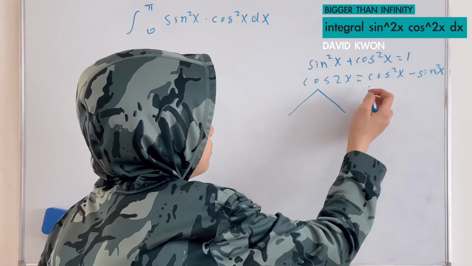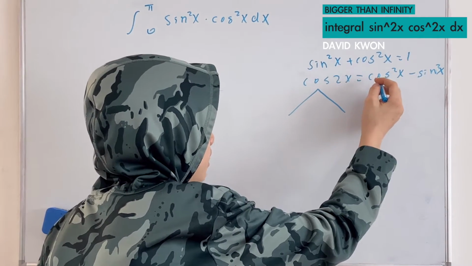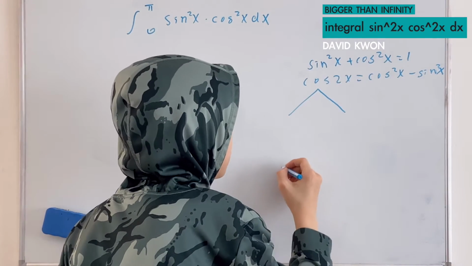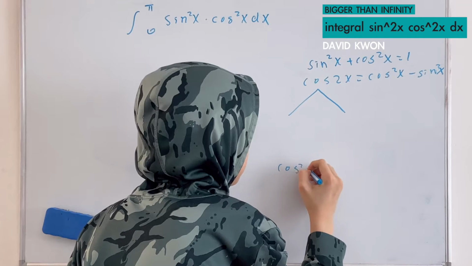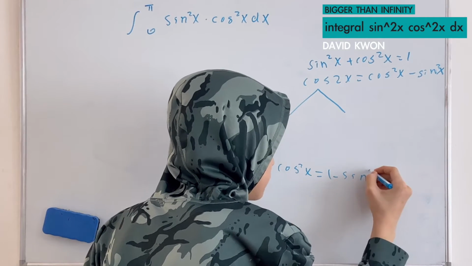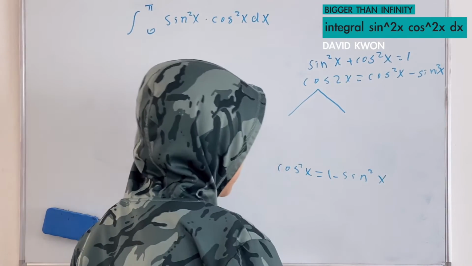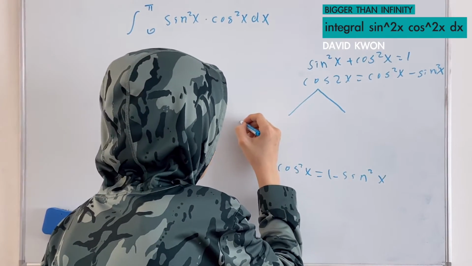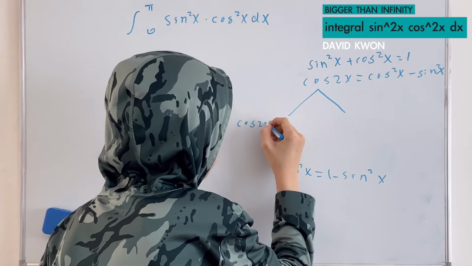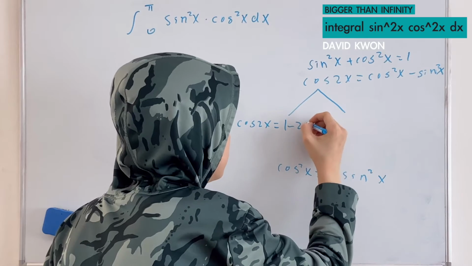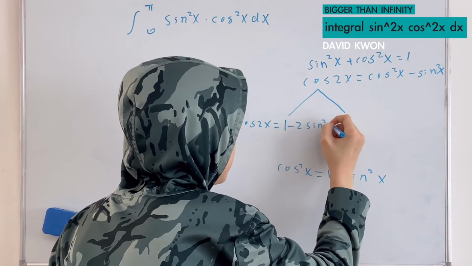I am trying to have cosine squared x all by itself. So cosine squared x is equal to 1 minus sine squared x. And then I substitute it in there, getting cosine 2x is equal to 1 minus 2 sine squared x.